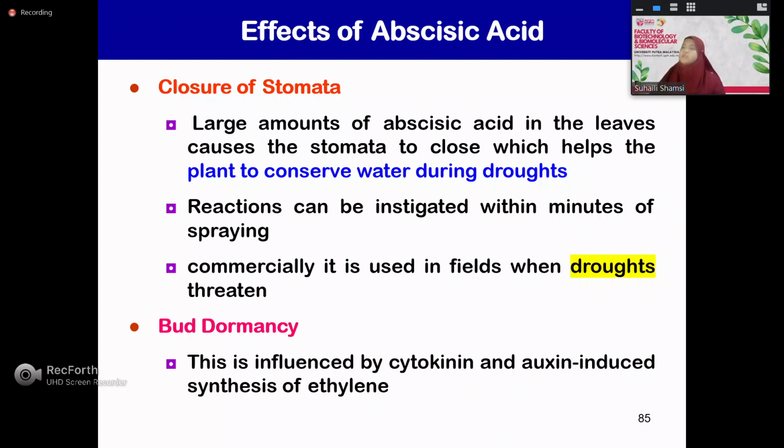And it induces or prolongs bud dormancy, but it will only germinate when it's the right time to germinate, right? When the environment or the surrounding is less dangerous to the plant itself or to the seed.